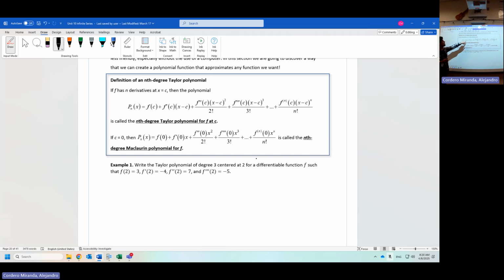Basically, the function value, the derivative, the second derivative will become coefficients. And you multiply by x minus whatever the center is to the degree over n factorial, just like we just did up there. That's the idea that's coming up. Here's the first example after this question.